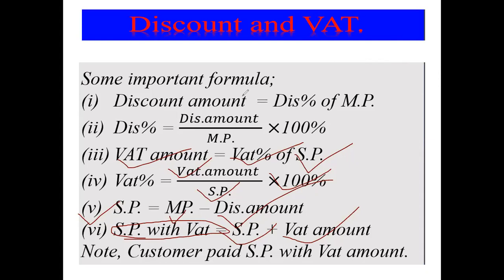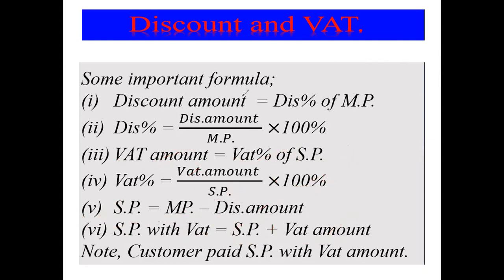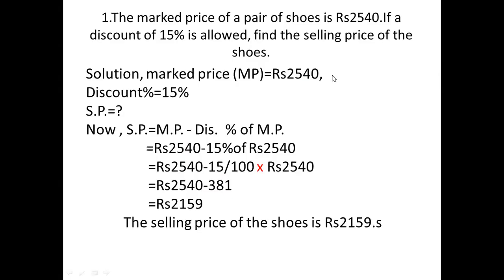Okay, Selen. Look here, I want to show you the next question. Question number 1. The marked price of a pair of shoes is given as 2,540.